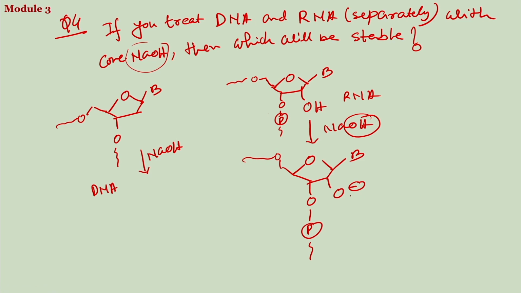Now, what this is going to do, this becomes a very good nucleophile now, very reactive nucleophile also. This will immediately react here and it basically cleaves the other phosphodiester bond. So, the rest of the RNA would be cleaved off.